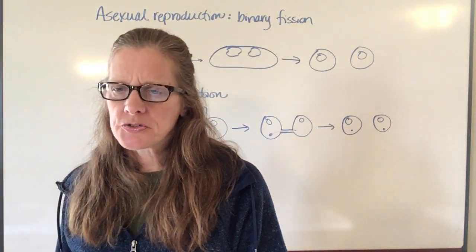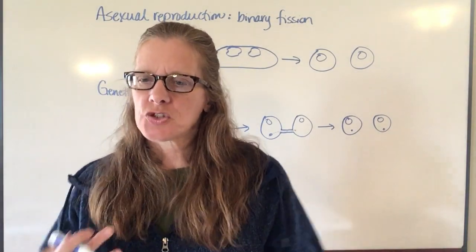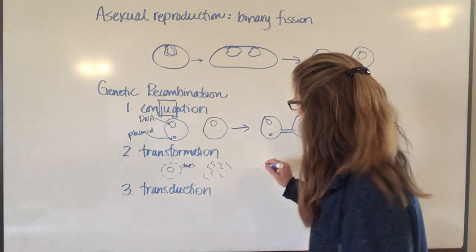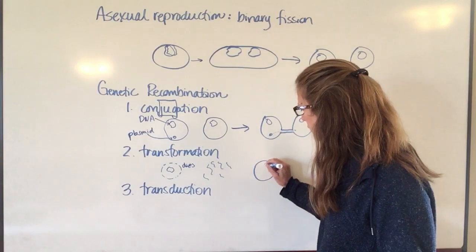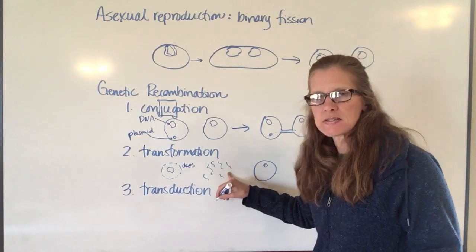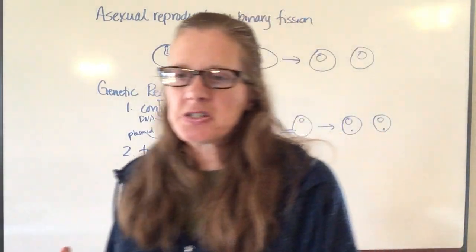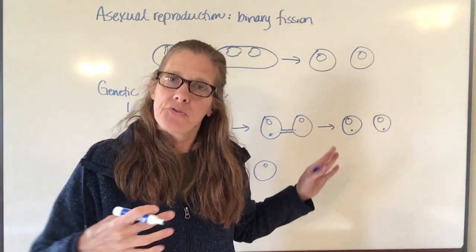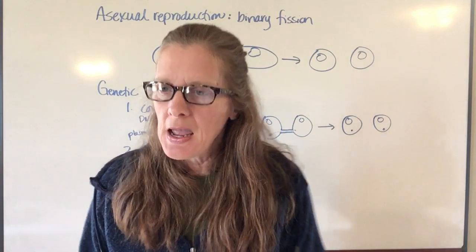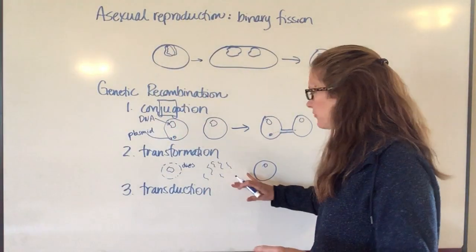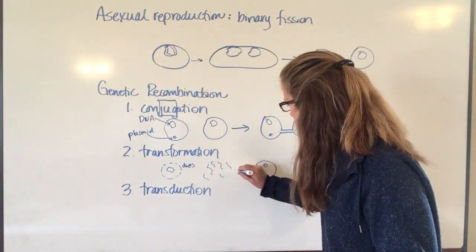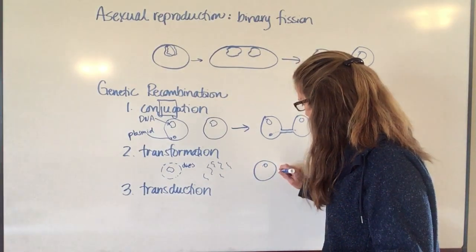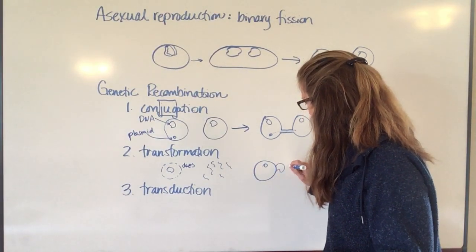So the cell walls have fallen apart, the contents flow out. Another bacteria that's still alive over here somehow senses that this DNA is there. It senses that the DNA would be beneficial to it if it took it in. And so probably by using phagocytosis, it's going to take these pieces of DNA into it.